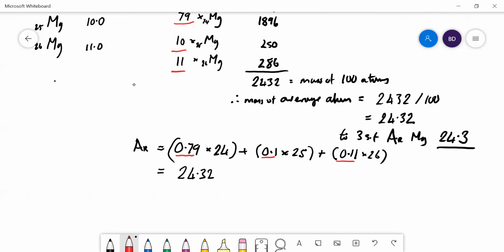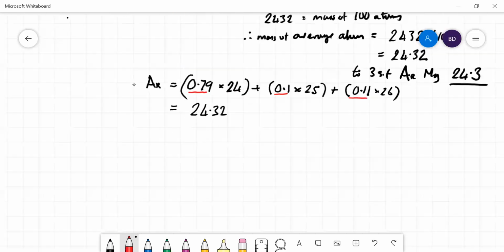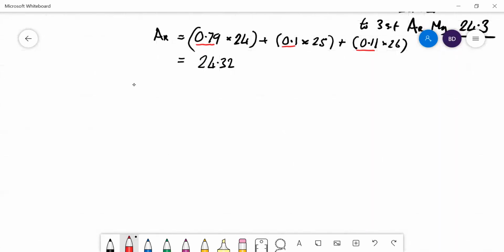Right. In recent years, they seem to think that's a bit too easy for AS, so they don't ask it very often. What they do is they try to get you to work it out backwards, and we'll do one of those. So they'll say, for example, the AR of lithium is given as 6.94.